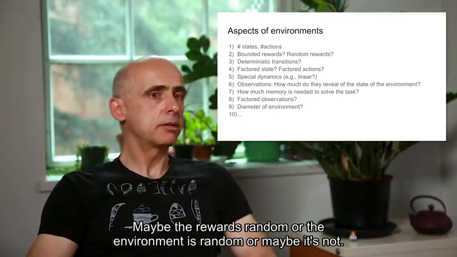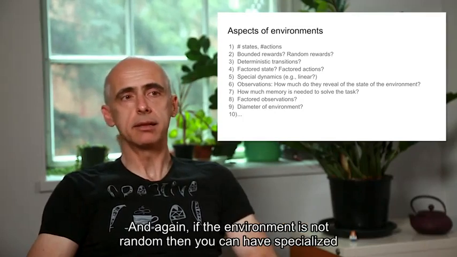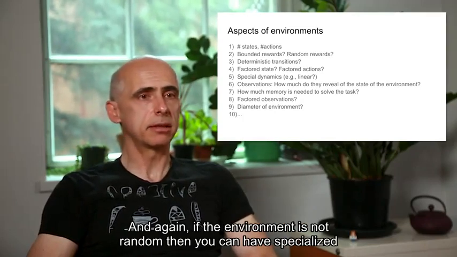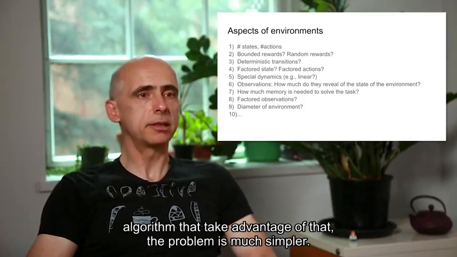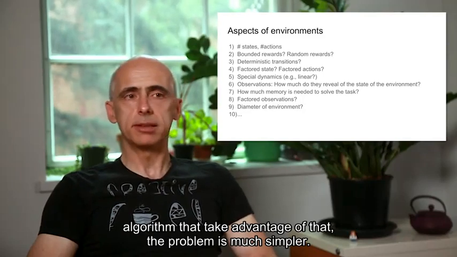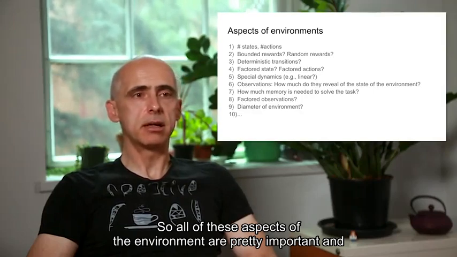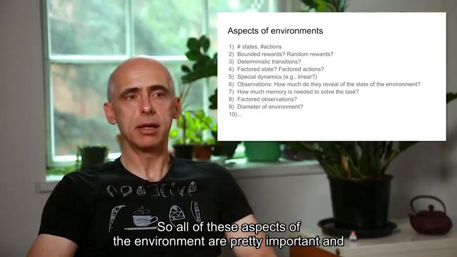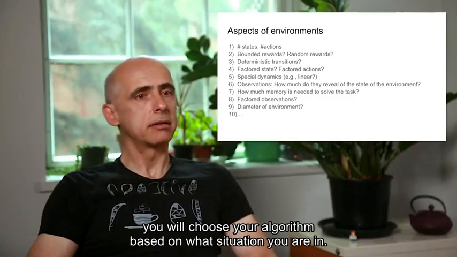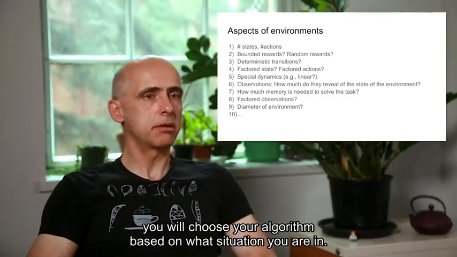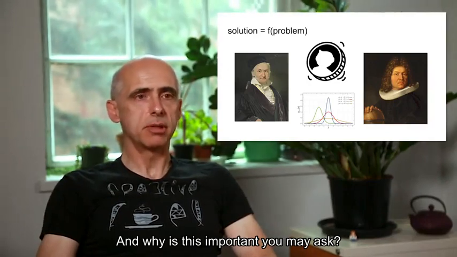Maybe the rewards are random, or the environment is random, or maybe it's not. And again, if the environment is not random, then you can have specialized algorithms that take advantage of that. The problem is much simpler. So all of these aspects of the environment are pretty important, and you will choose your algorithm based on what situation you're in.